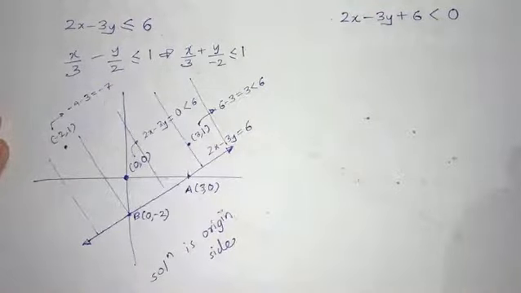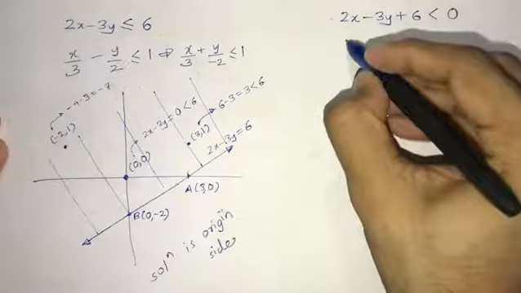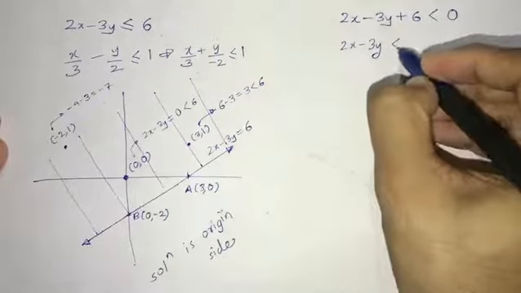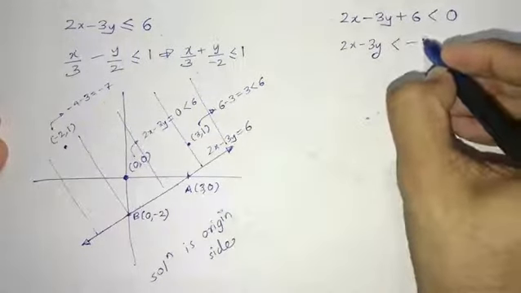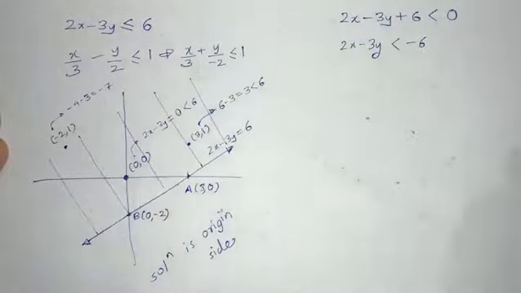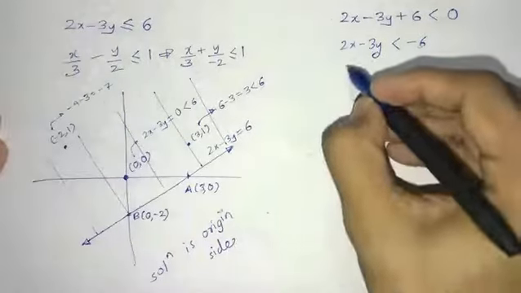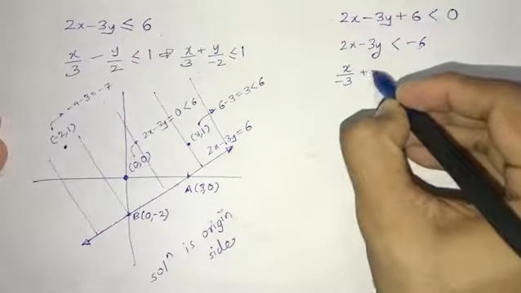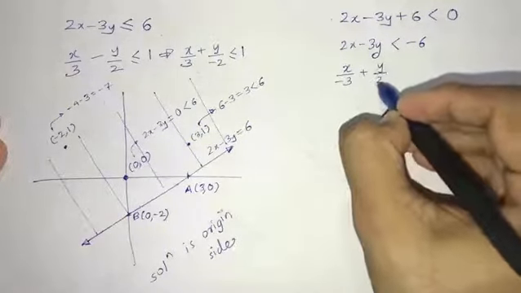The next example which I am going to cover is 2x minus 3y plus 6 less than 0. So 2x minus 3y is less than minus 6. Okay. And then when you divide by minus 6, you get x by minus 3 plus y by 2.